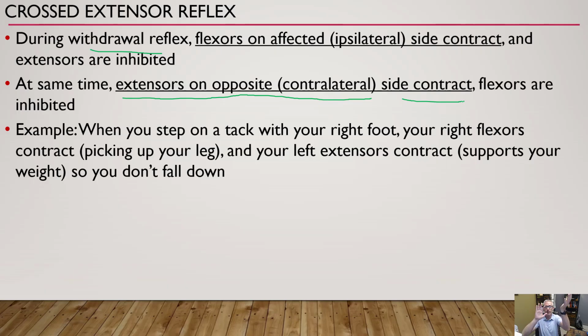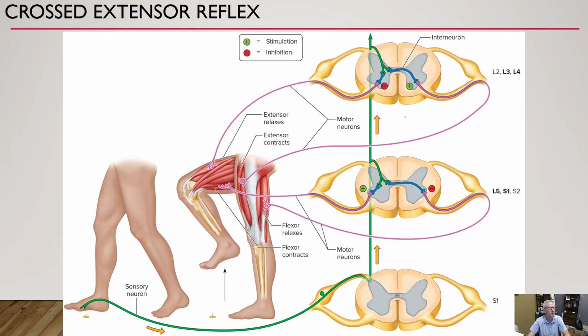You pick up your left leg, but your right leg extensors are going to contract so that you don't fall down. And that's the crossed extensor reflex. So if you put your hand on a hot stove, what you'll see is that this arm, your right arm, will contract back, but your left arm would actually push forward because of the crossed extensor reflex. Again, you don't have to know the pathways.